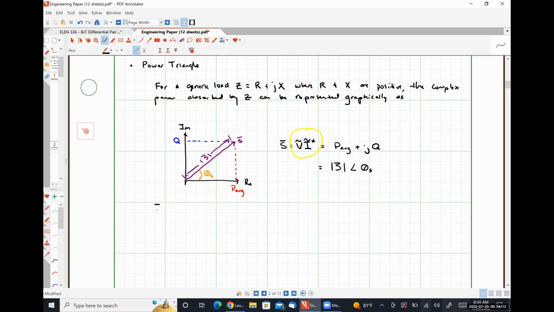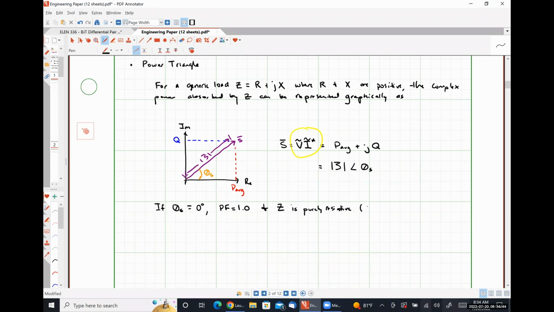Okay. So if theta S is equal to 0, our power factor is 1, and our impedance Z must be purely resistive, meaning R is greater than 0 and X, the reactance, is equal to 0.